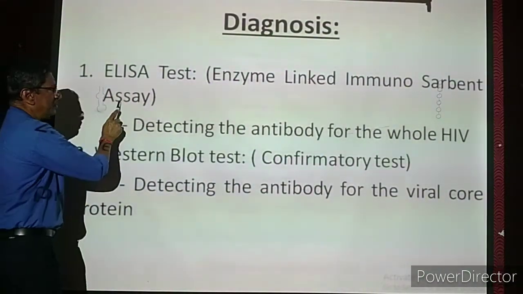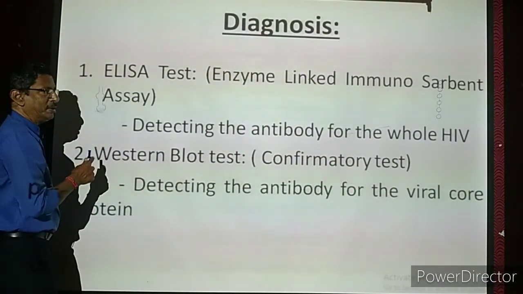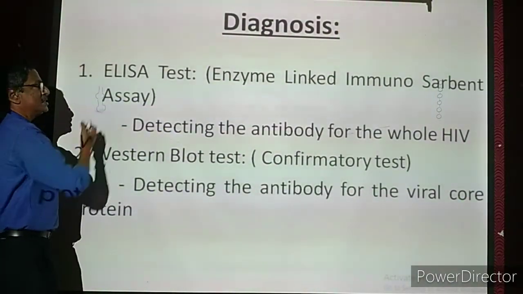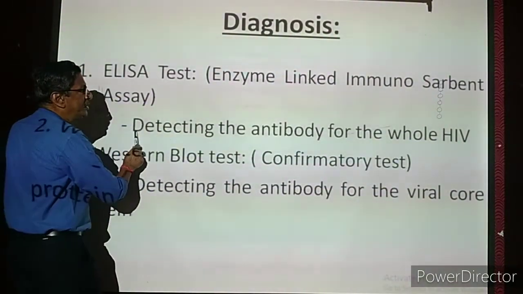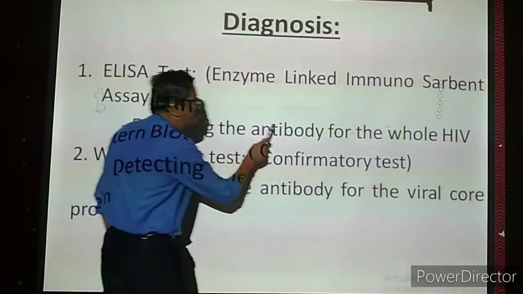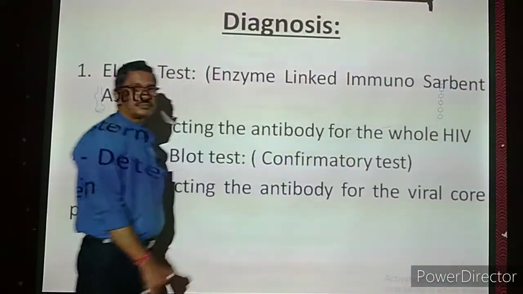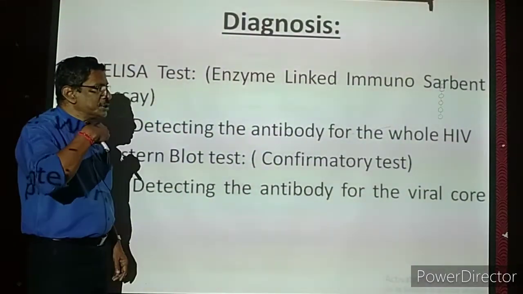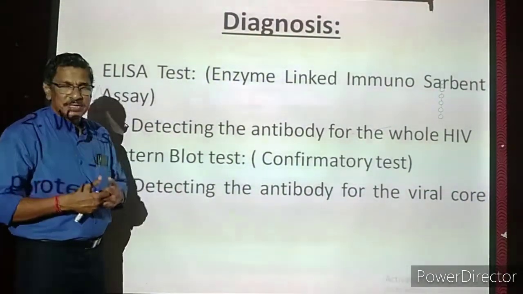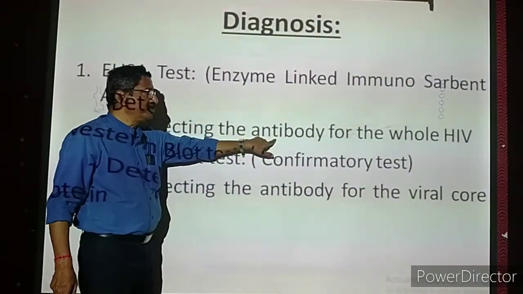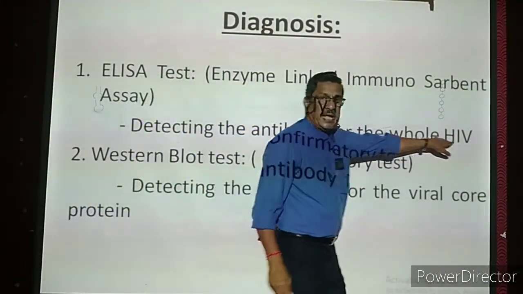Now in this blood test, what are they doing? They take a little sample of blood from the person who is suspected, and they try to detect the presence of antibody for HIV. Once HIV enters into the body, immediately the blood of the person produces antibody for the whole HIV.